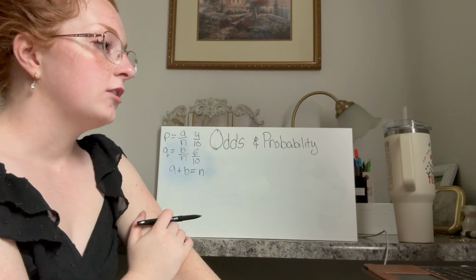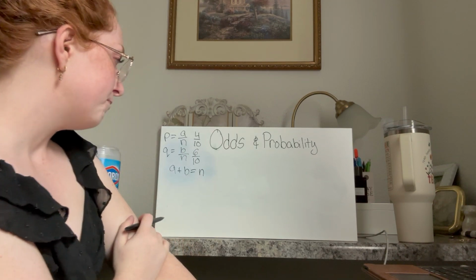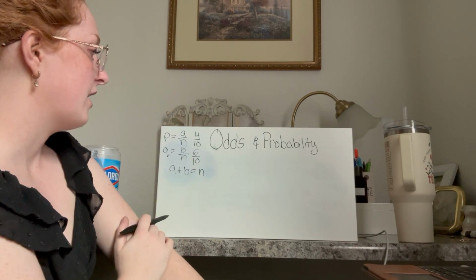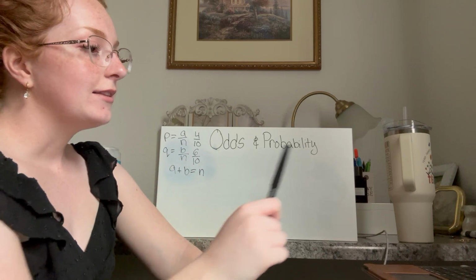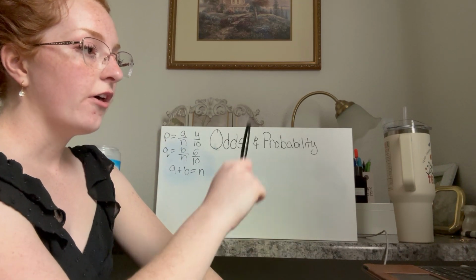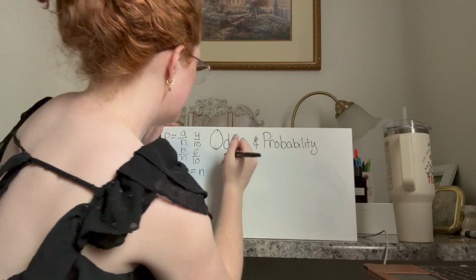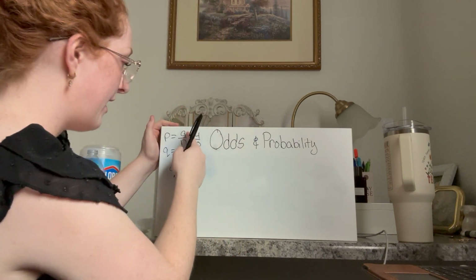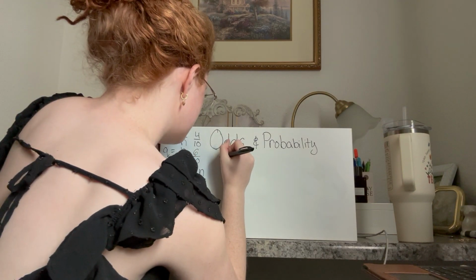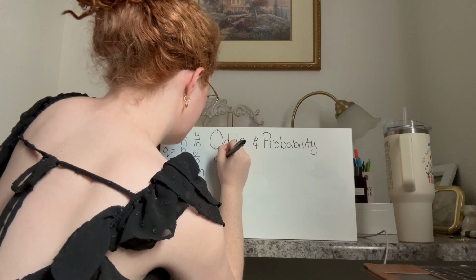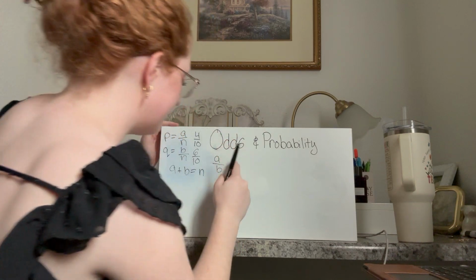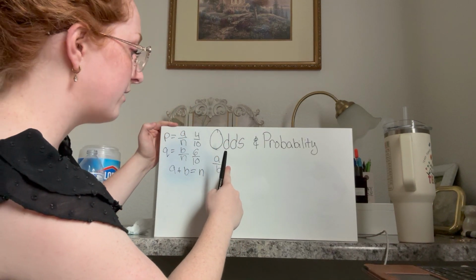Now let's move on to odds. So using these terms that we have, let's find the odds in favor of event A. When we're talking about odds, we take A and B, okay? Event in favor, A over B. And this is how we write odds in favor.